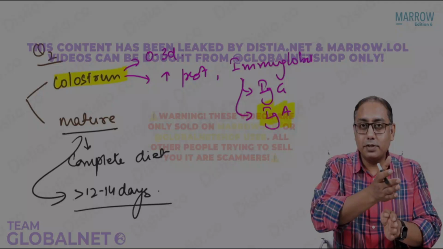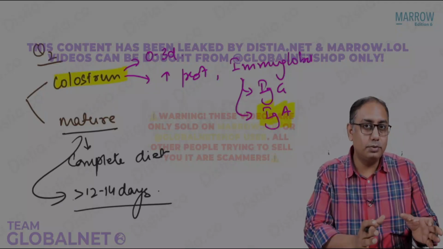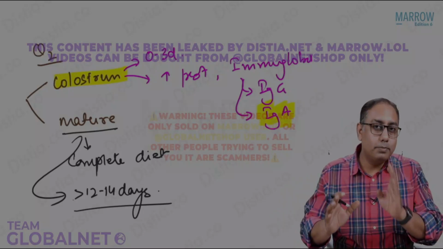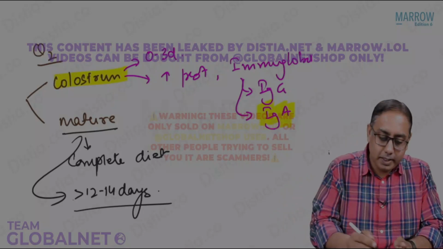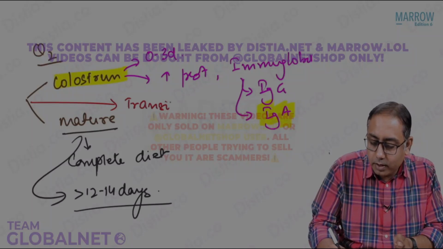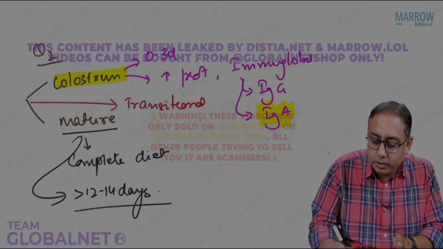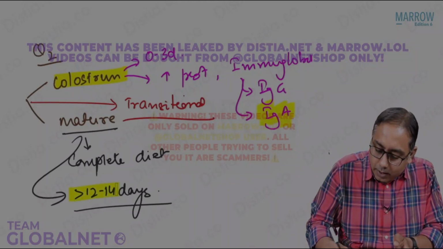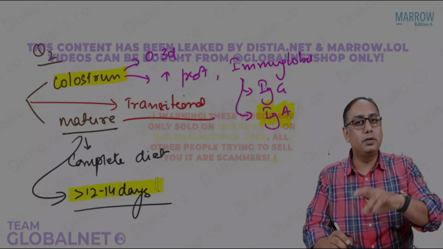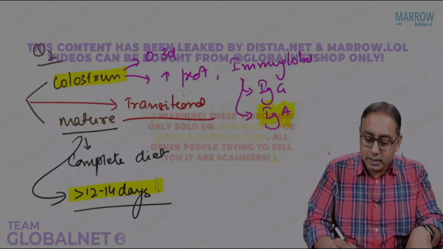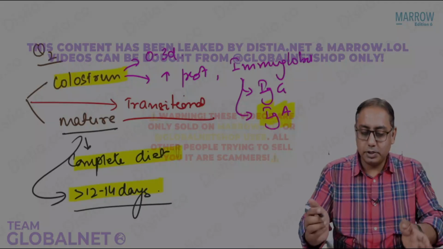Usually the first 2-3 days is colostrum, and after 2 weeks it is mature milk. So from 3-4 days till 2 weeks, it is called transitional milk. No MCQ on transitional milk. You just need to know that transitional milk exists. Why? Because the MCQ can be asked: when does a mother have mature milk? Don't answer after 3 days. Mature milk is after 12 to 14 days. It is a complete diet for the child.